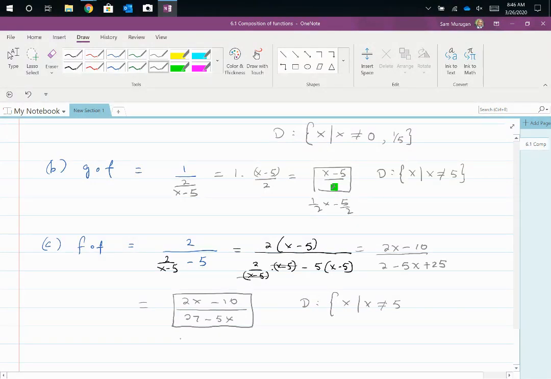And then if we set the denominator equal to 0, we get x is equal to 27 over 5, which is the number that would make this reciprocal undefined. So we also have to put 27 over 5 as one of the numbers that cannot be included in the domain of all real numbers.